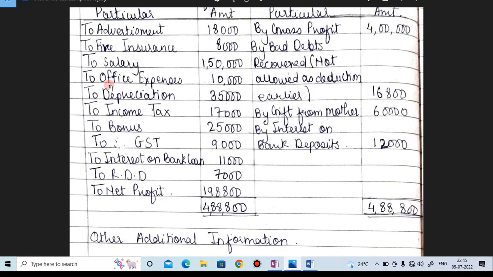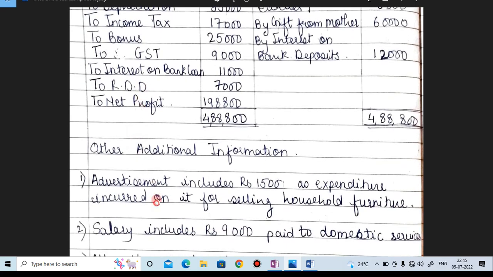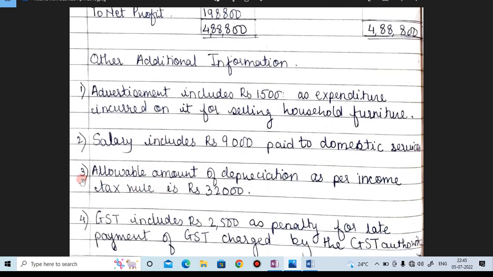After salary, office expenses 10,000. Office expenses is related to business expenses. After office expenses, depreciation. Depreciation is 35,000. Now on depreciation there is adjustment. Adjustment number 3: allowable amount of depreciation as per income tax rule is 32,000.